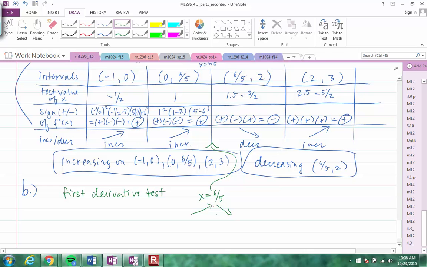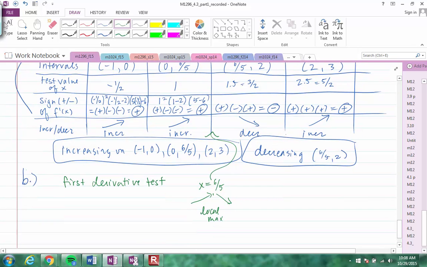That tells us that we have a local max. Okay, anything else? We go from a transition from decreasing to increasing at x equals 2. Decreasing, increasing, it's a low spot, it's got to be a local min.